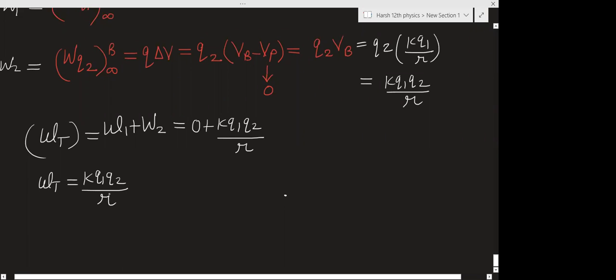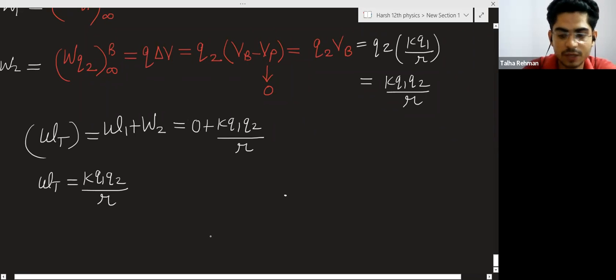So this is the total work done, and we have the formula for change in potential energy.